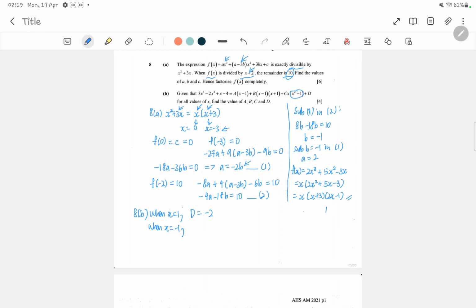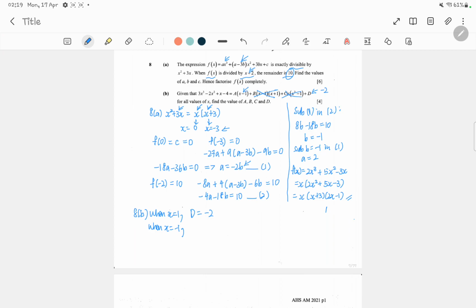So this thing is 0, so this is gone. Same thing, substituting minus 1 into x, minus 1 plus 1 is 0, so this is also gone. And we know our d is minus 2.